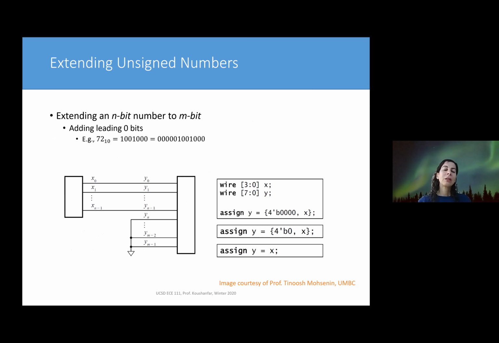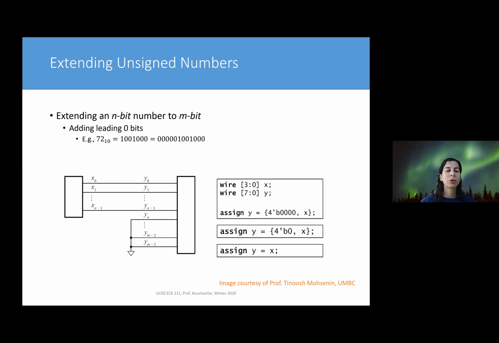And now, if we are converting an n-bit number to a larger number of bits, because these are unsigned, it's super easy. Say you have written 7 in a 3-bit system, and you want to convert this to a 4-bit system. All we do is add 1 bit and put a 0 there.